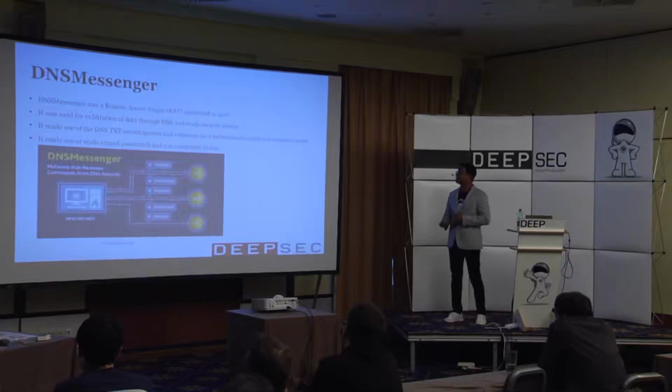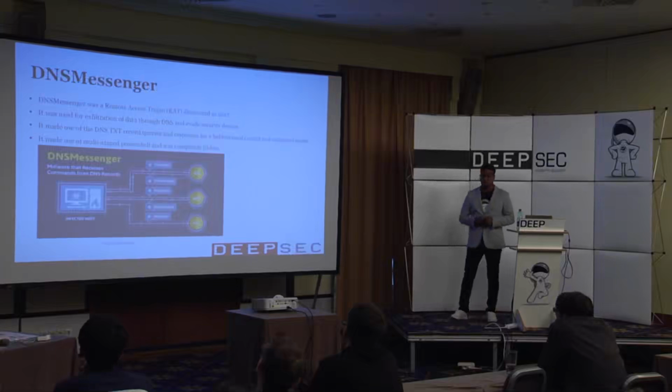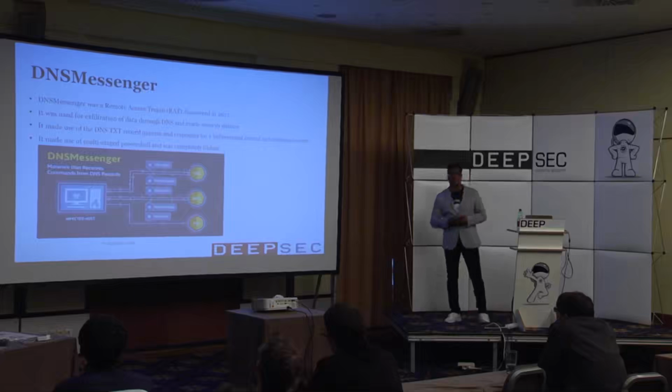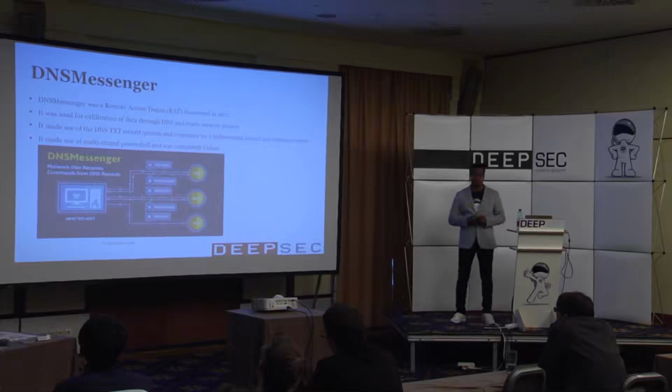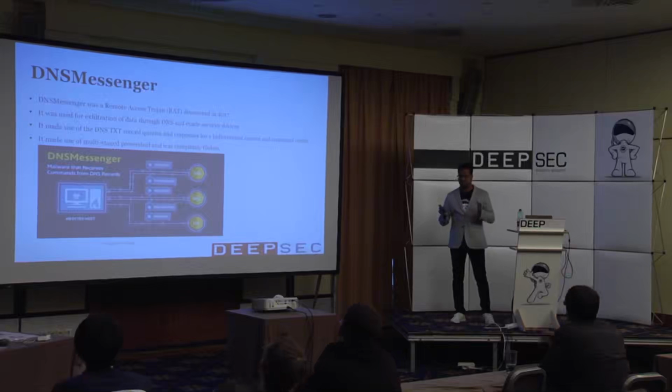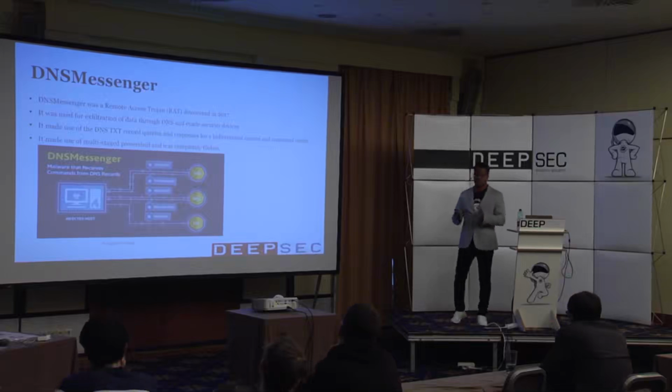So DNS Messenger is one of the RATs that was discovered in 2017, and it was able to bypass all the security mechanisms that were in place, because it was an in-memory kind of thing.